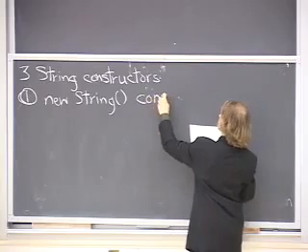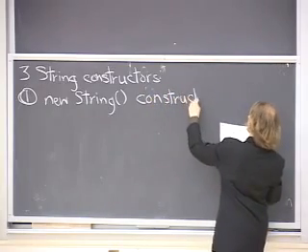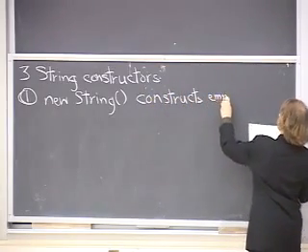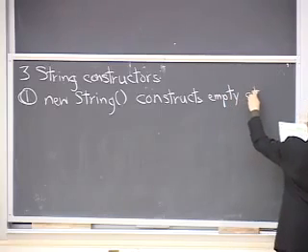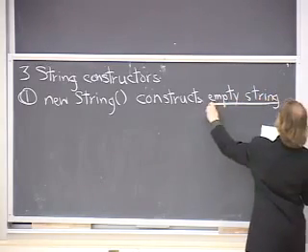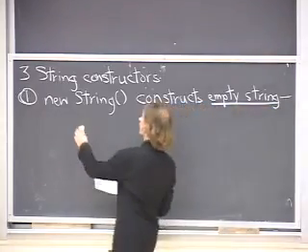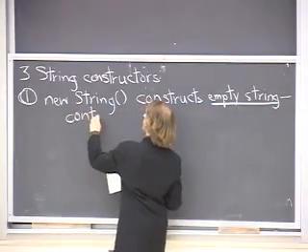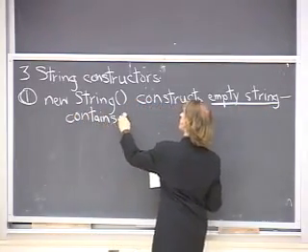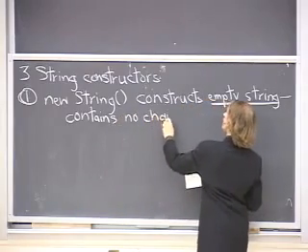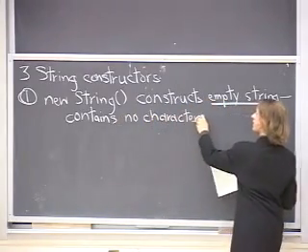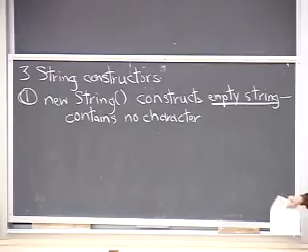That constructs an empty string. And what is an empty string? Well, it's a string, but it contains no characters. It's like I said, a string is more or less anything you can type at the keyboard. An empty string is if you just sat there looking at your keyboard and didn't actually type anything.